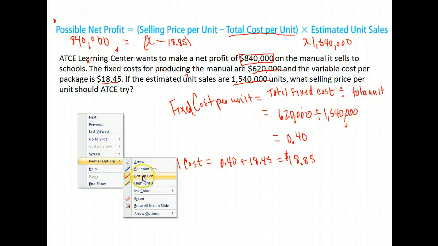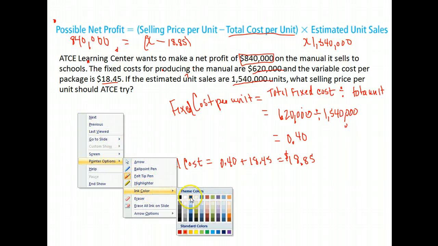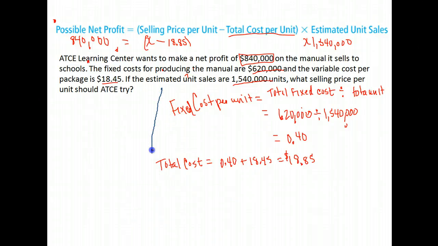Well, let me change ink color here so it looks a little different. I'm going to cut this part off here for a second. Okay, so let's take a look at what we have. We have 840,000, that's our expected profit, equals X minus $18.85 times 1,540,000.